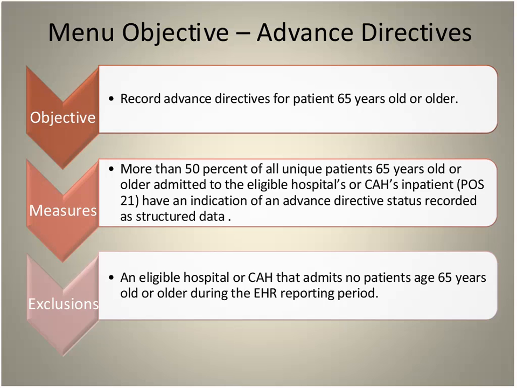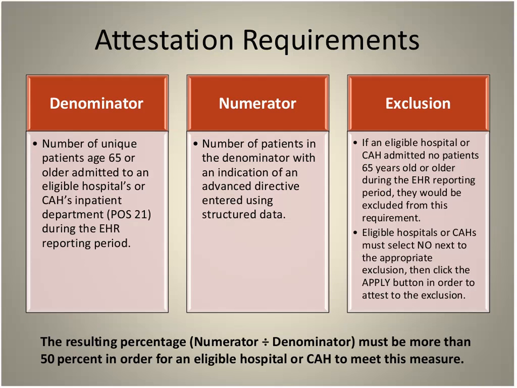So here there's an exclusion, somewhat similar to the smoking, where an eligible hospital, if they haven't had any patients who are admitted who are 65 years old or older during the reporting period, could exclude on this particular objective because of no patients seen during that time period.